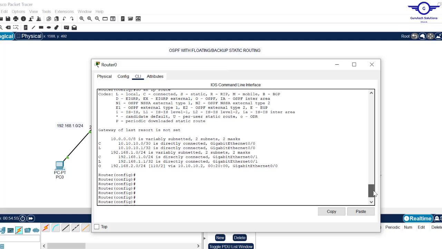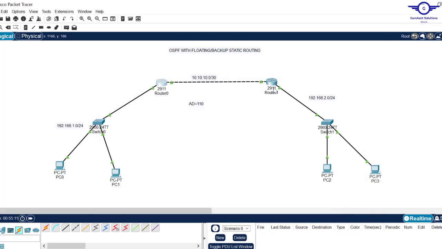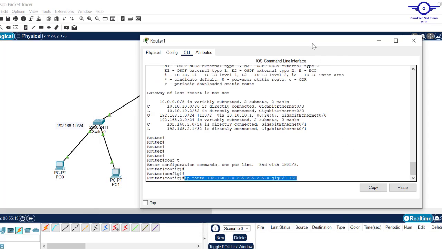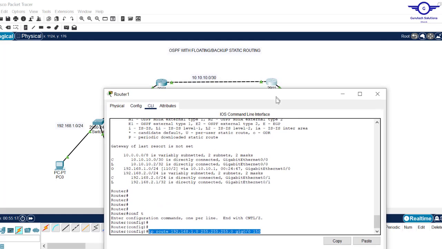Meaning it will be a backup route. So when I do show, I mean when I display the routing table, you can see OSPF is already here, that is going to 2 dot something. That's router 0, yeah. The same thing I did here. But in this case, I told you that there are 2 ways to configure a static route.